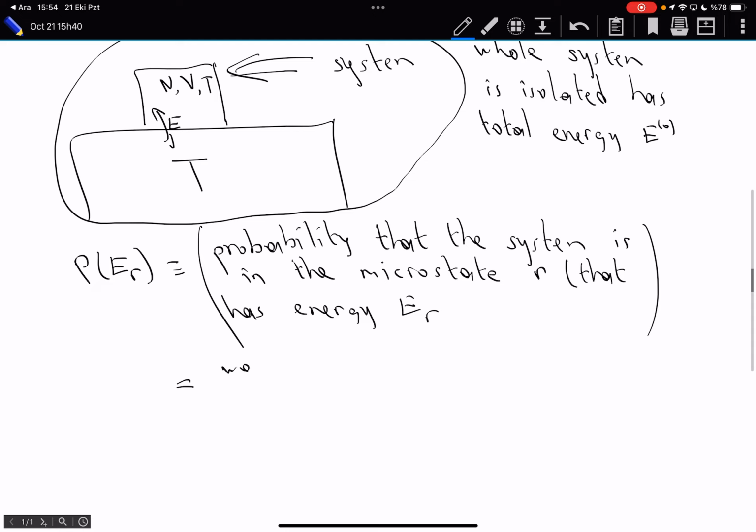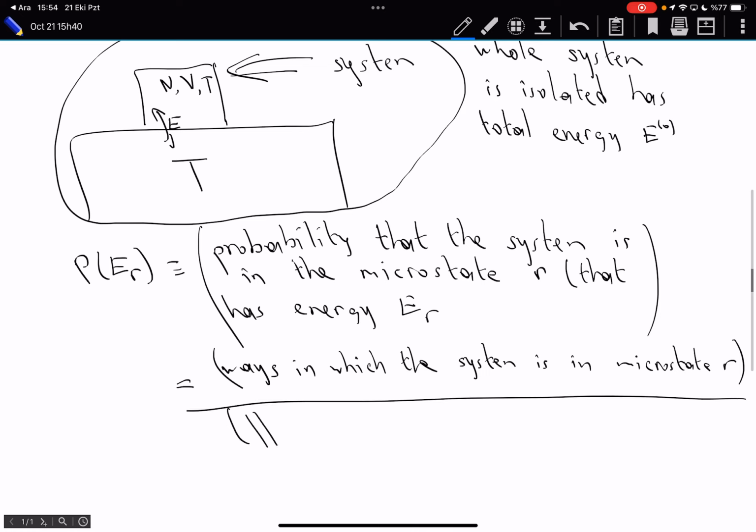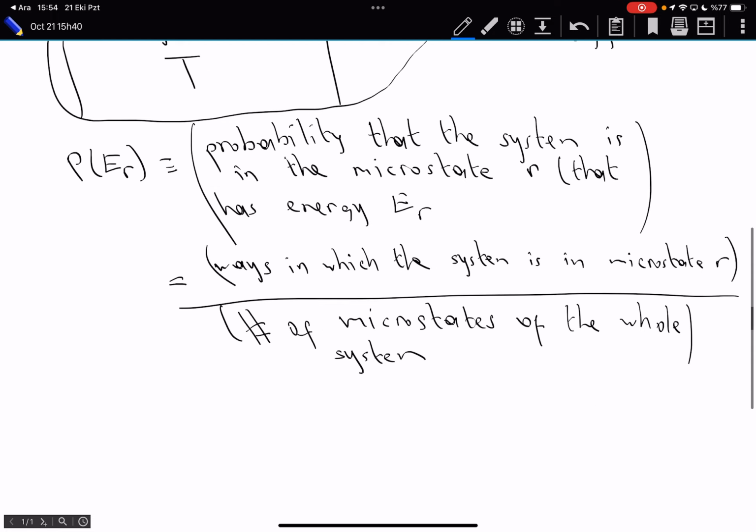The ways in which the system is in microstate R divided by the total number of microstates of the whole system. So this is my probability.